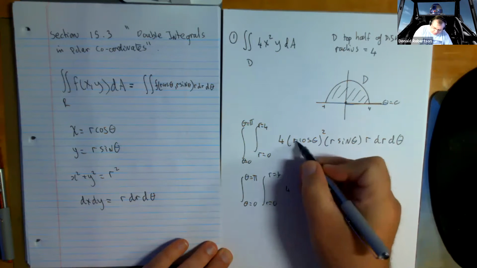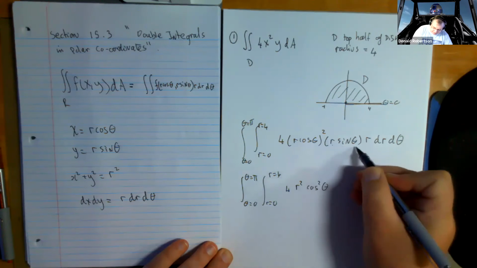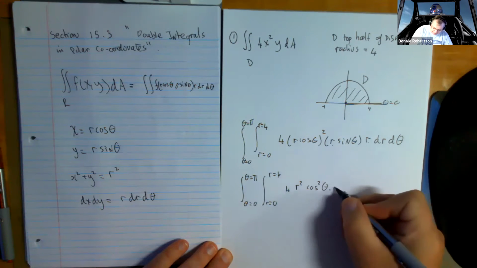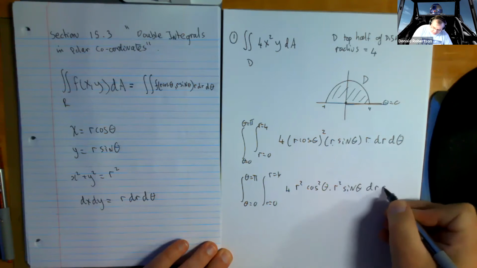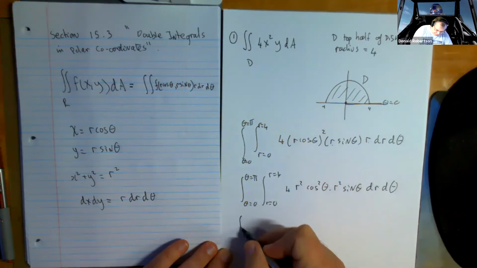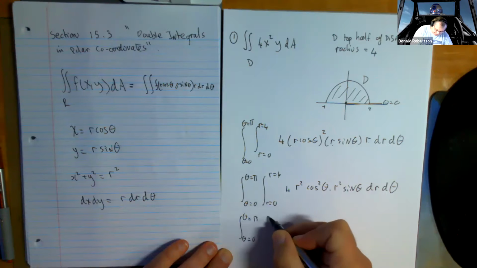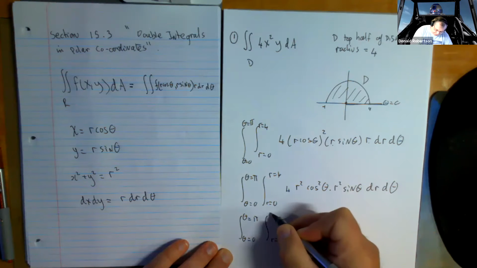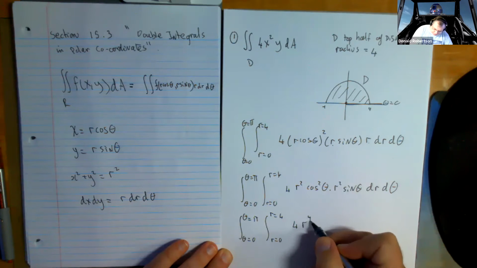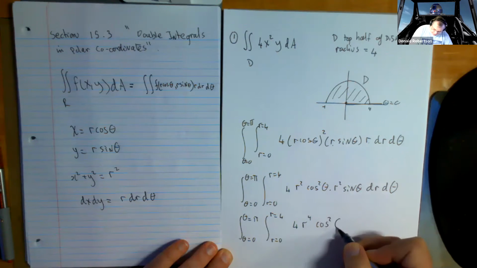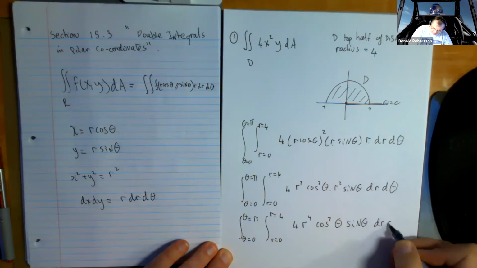Four r squared cos squared theta times r sin theta, and there's another r, so it's r squared sin theta dr d theta. Four r to the 4 cos squared theta sin theta dr d theta.